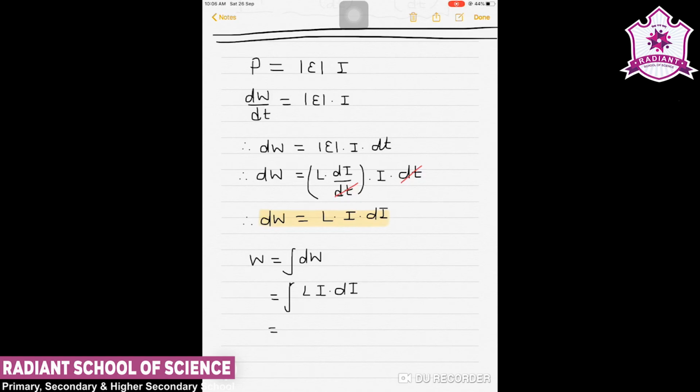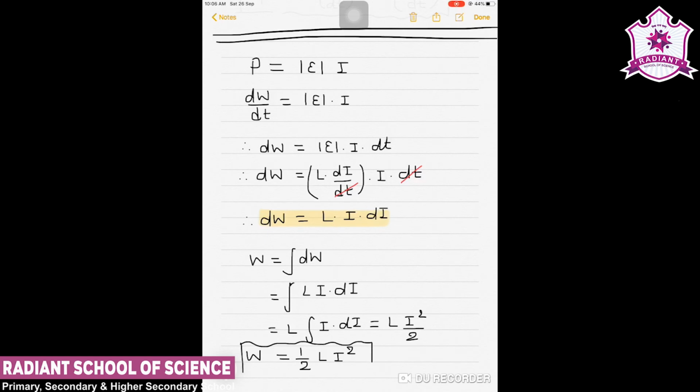Here we are taking L out and taking the integration of I with respect to dI. We can simply write this as L I square upon 2. So ultimately the work done is given by 1/2 L I square.